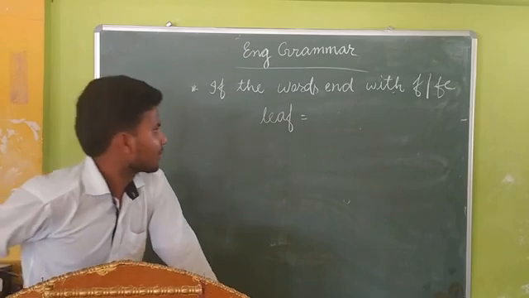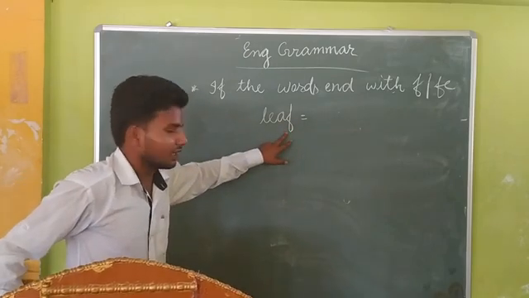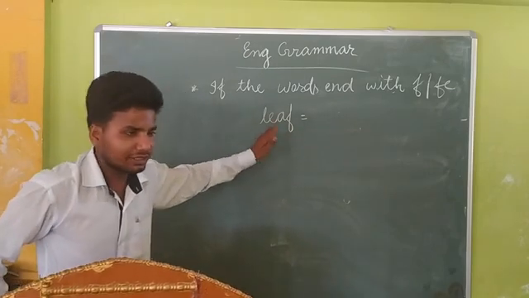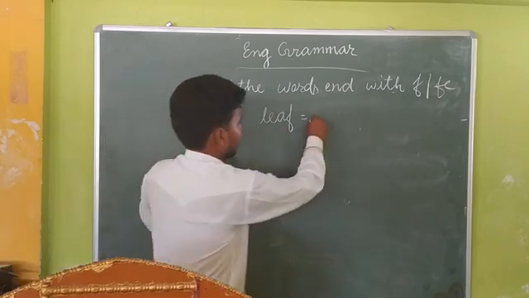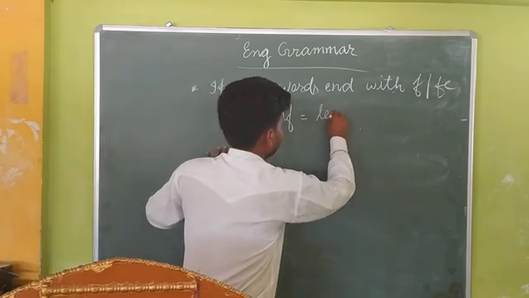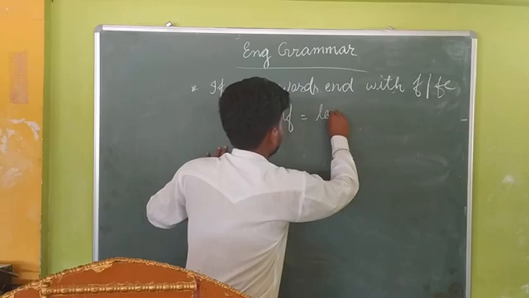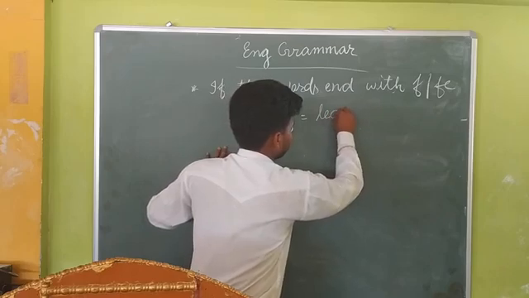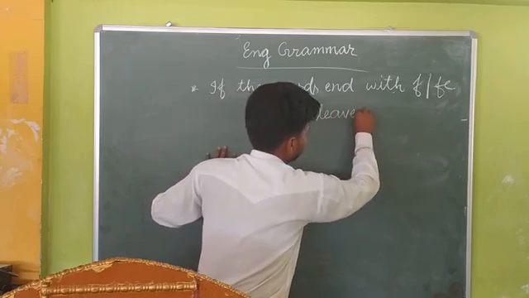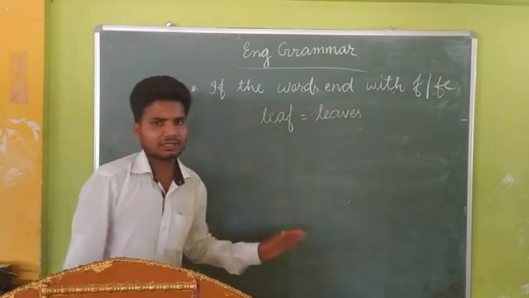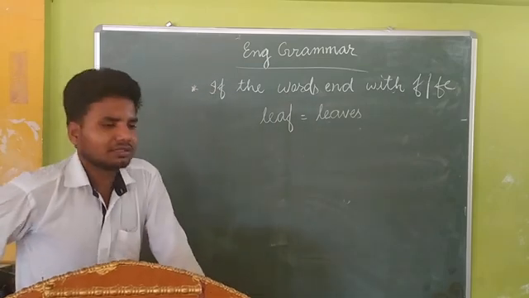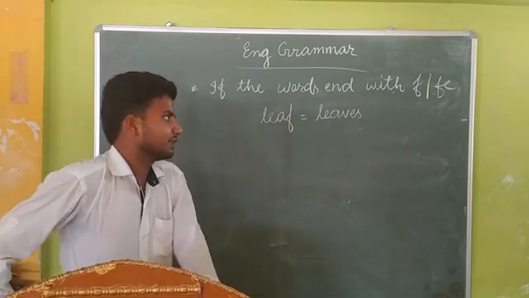What happens? You need to replace this F with VES, and then we will get a new word, the plural of leaf, and that will be leaves. That means you understood that we need to replace the letter F with VES.